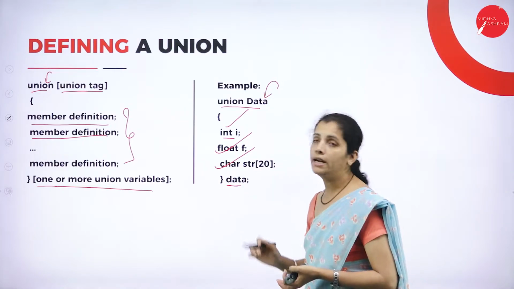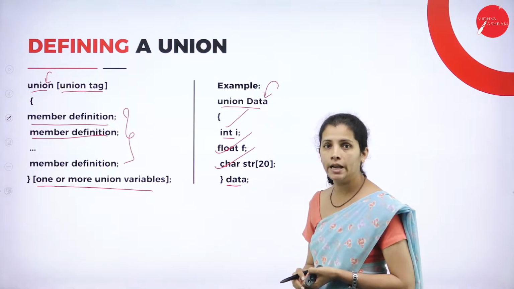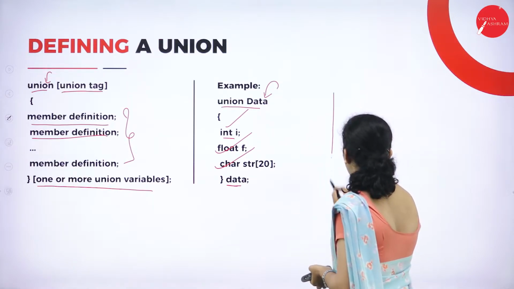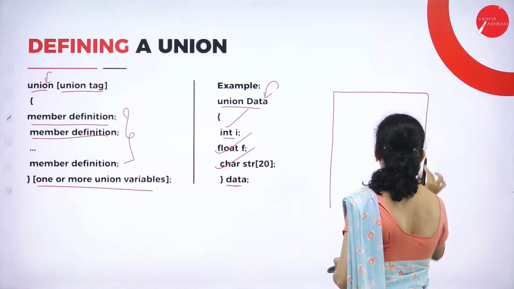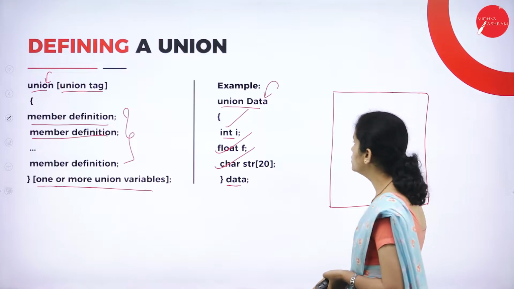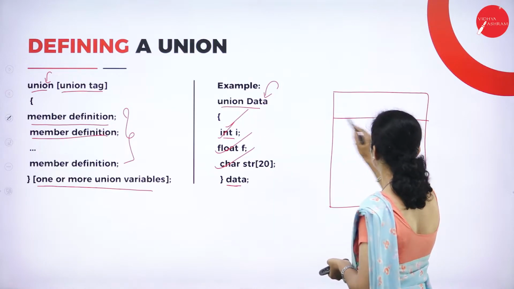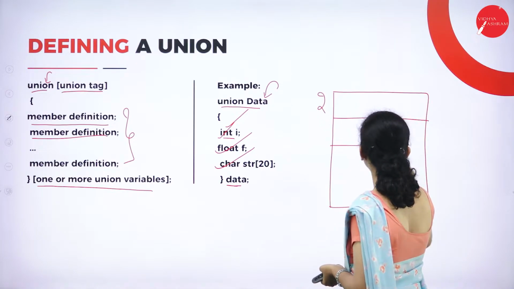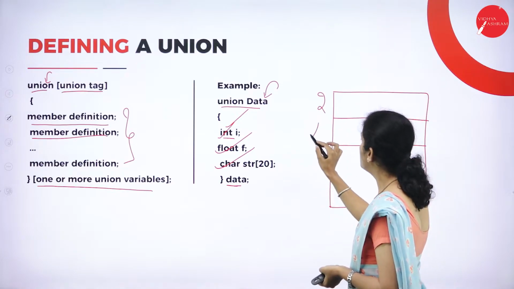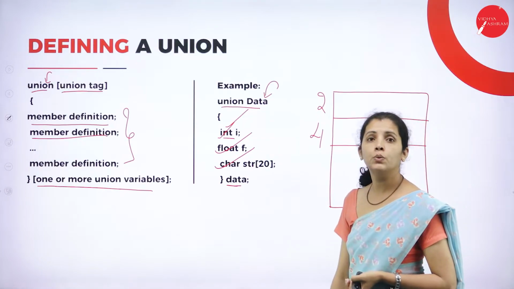Now, dear student, let's see the memory allocation for this union data. The compiler is responsible for allocating the memory location. What is my first data? It is integer, 2 byte. If I consider float, it is 4 byte. And if I go with character, that is 20 byte.